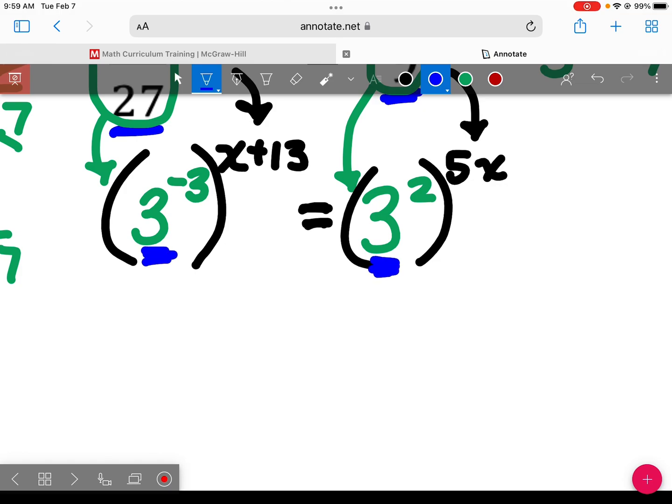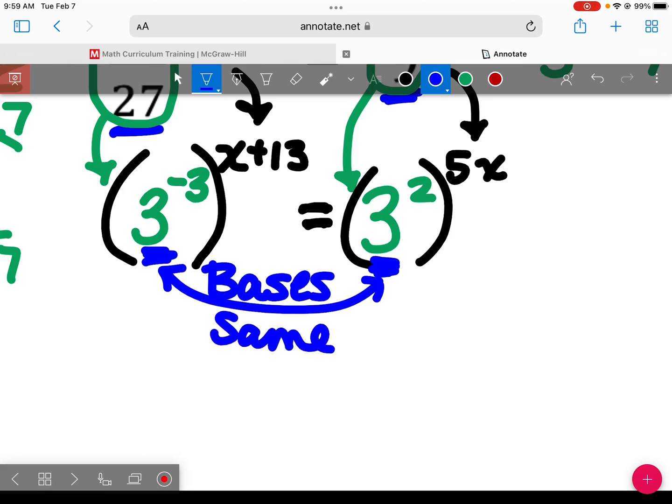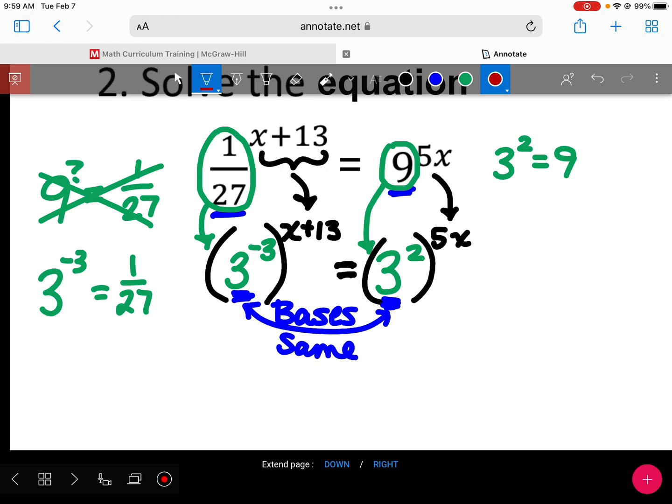Are my bases the same now? Yes. Once my bases are the same, what does that mean about my exponents?